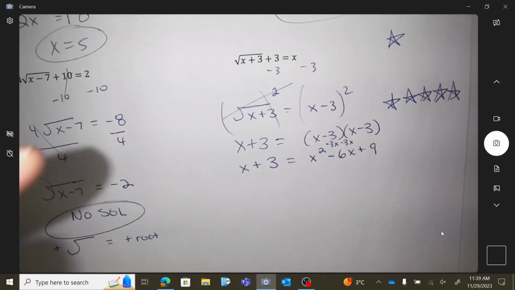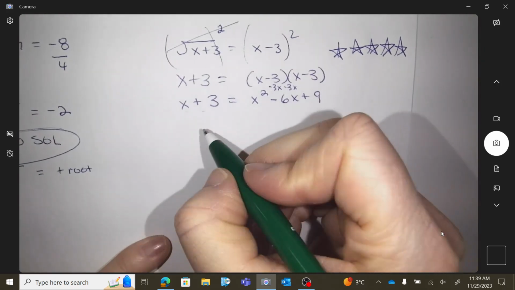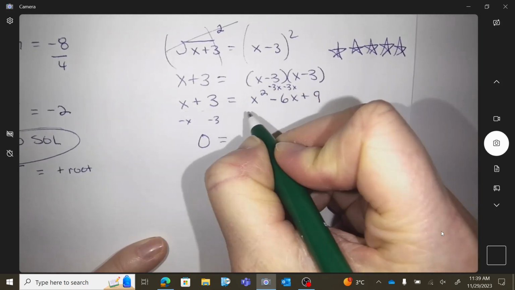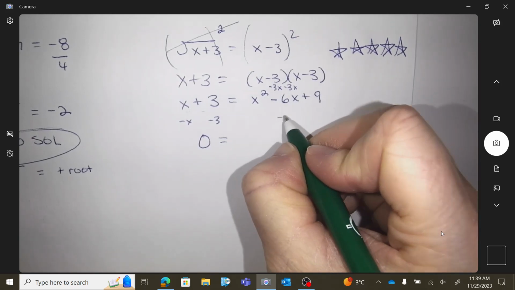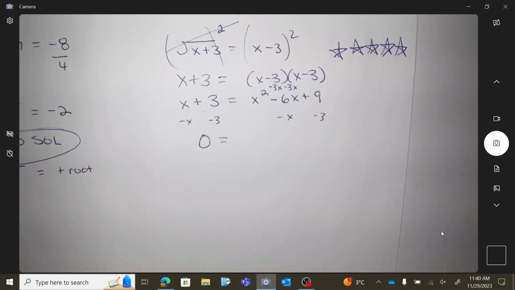Okay, what do you do with this kind of math? 0. 0, x squared is the boss, so I move everything else. So I'm going to have to minus an x and minus a 3 to make that into a 0.